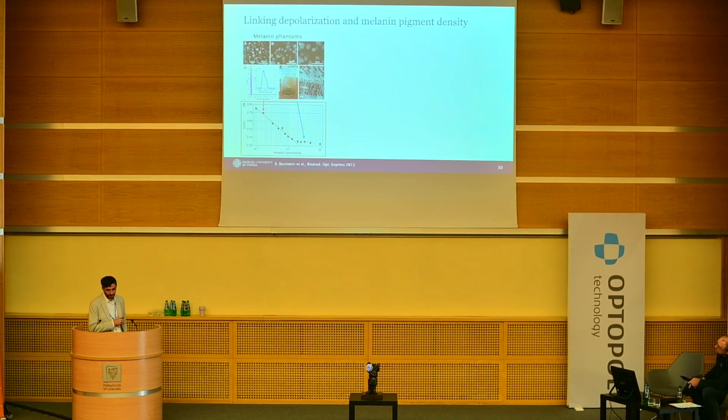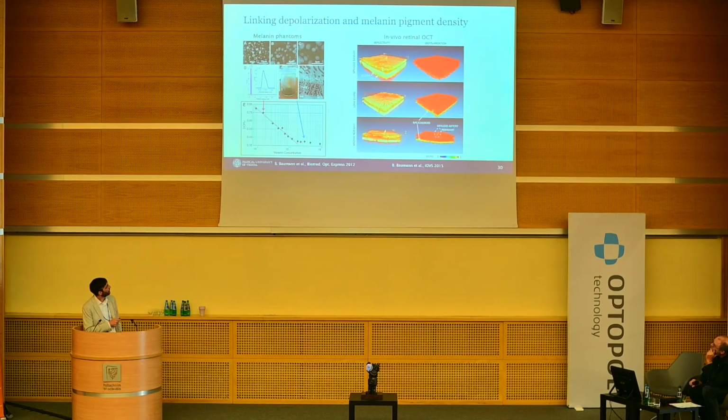We then tried to also get some quantitative information out of this by first analyzing how depolarization, the so-called degree of polarization uniformity, how much the polarization is changed with the concentration of melanin in melanin phantoms, with particle sizes similar to the pigments in the retinal pigment epithelium in humans, and then also analyzed differently pigmented rats and tried to get a correlation between depolarization and the pigment density there.